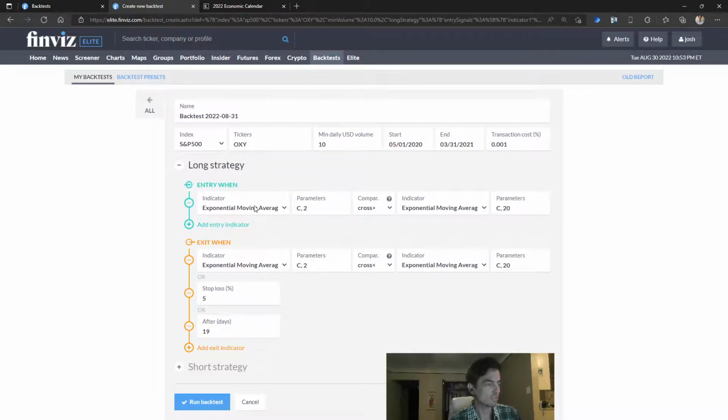Also, this is really just closing price. The exponential moving average for 2 days is almost the same as your price for the day. I mean, it's not the same, but it's kind of close. And then we're saying crossing over the 20-day. If we do crossing over the 200-day, we're not going to get very many trades because it doesn't cross the 200-day very often. And then we're saying when it starts to go back under, or when the 20-day comes to meet it, it's flattened out.